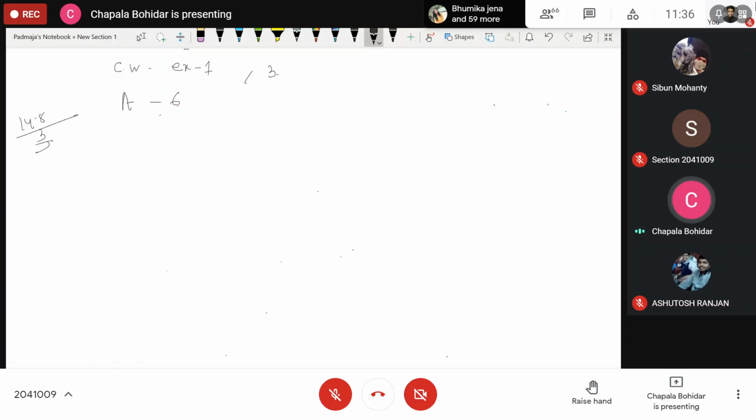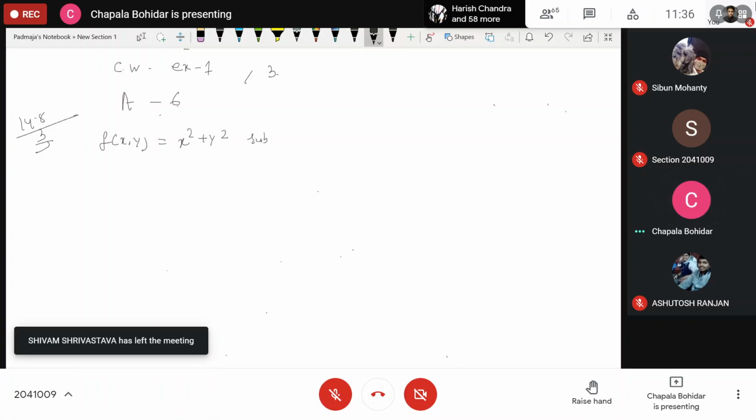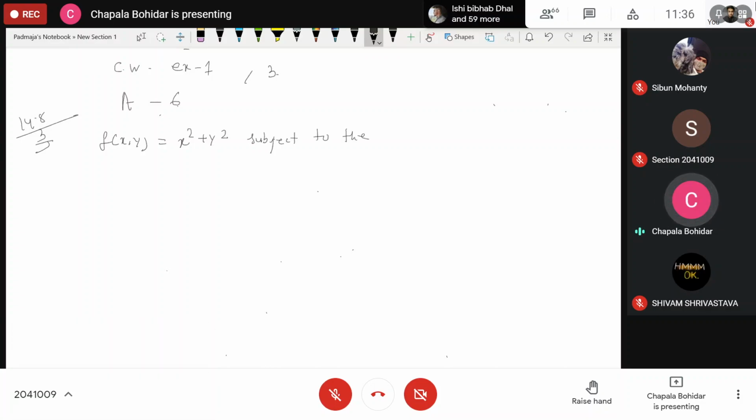That is your question number 3. The function f of x, y is equal to x square plus y square, subject to the constraint xy is equal to 1.